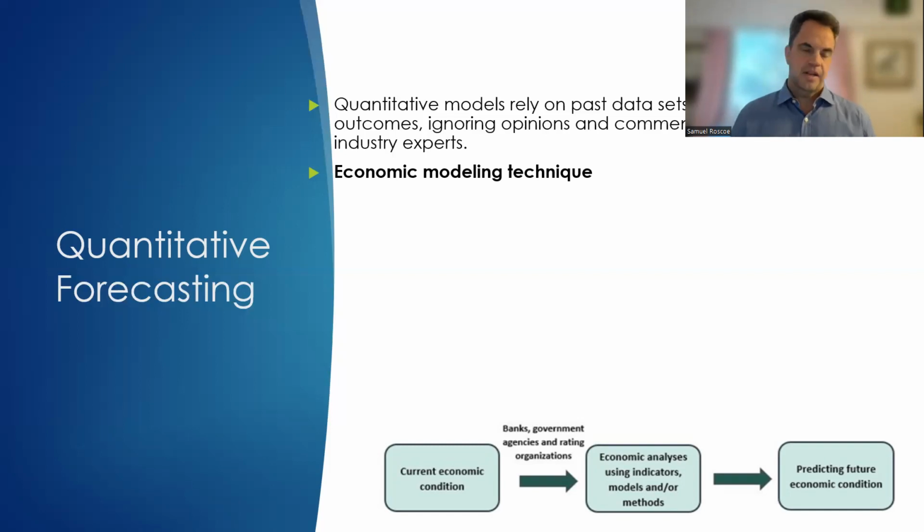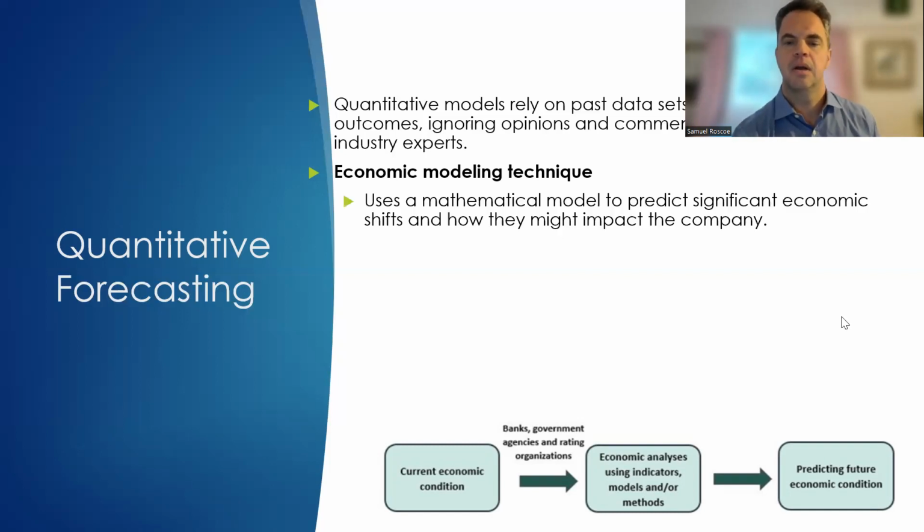You take into effect things like recessions, where the interest rates are likely to go over the next year, because that will influence consumer purchasing habits. And then you try to predict future economic outcomes. Okay, so this uses mathematical models to predict significant economic shifts and how they might impact the economy.